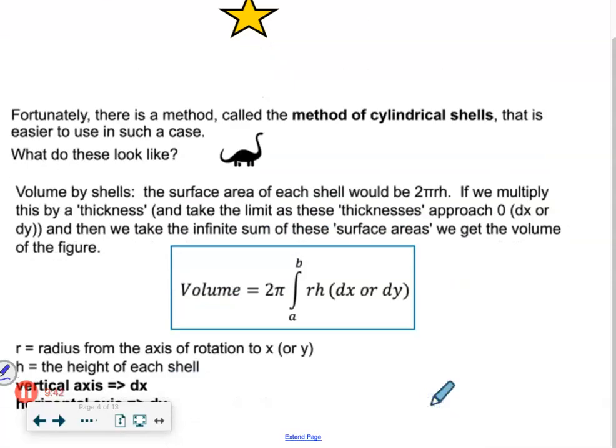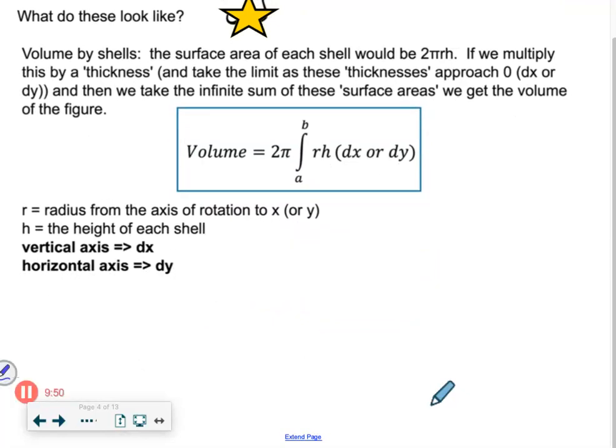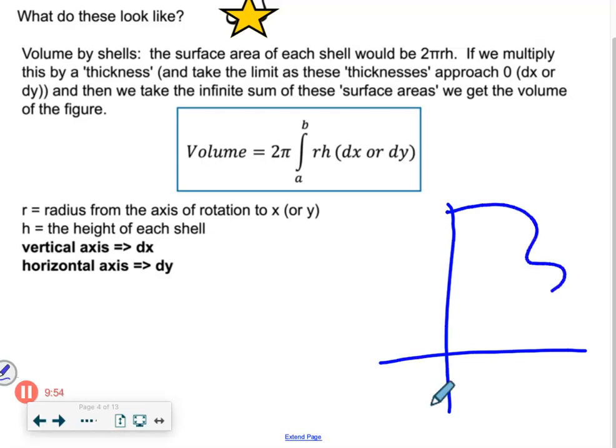So if we write a problem where, say, the shape of our figure is some figure like that, and we're revolving this about the y-axis, you don't want to do this with dx.